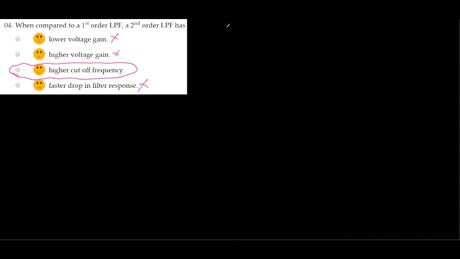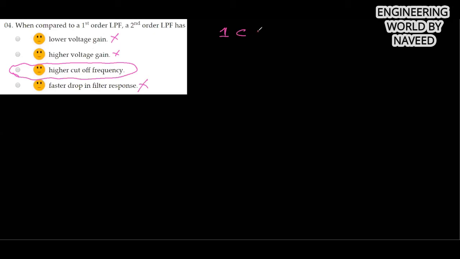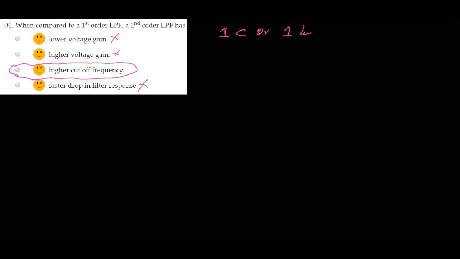The first order low pass filter has either one capacitor or one inductor, while the second order filter has two capacitors, or two inductors, or one capacitor and one inductor. Actually, the order is determined by the number of reactive components, and these components affect the filter frequency response.